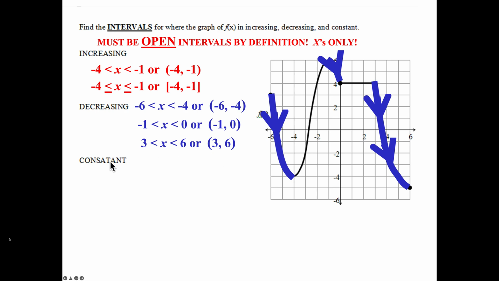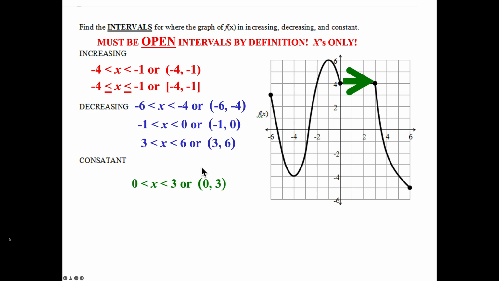Constant. Whoops, I got an extra A in there, I believe. That's interesting. So scratch out that A. I didn't see that. All right, that's the horizontal segment from 0 to 3. There's where I'm constant.